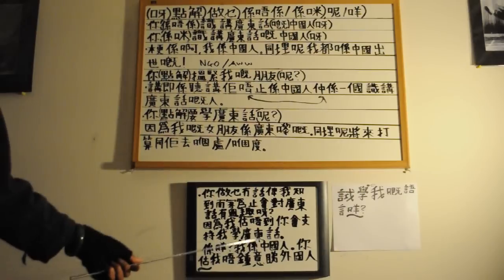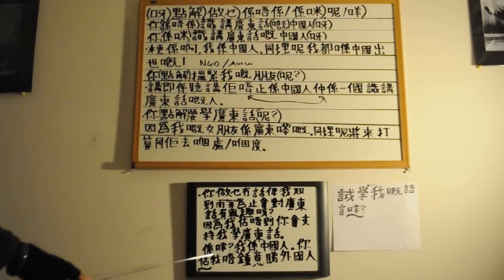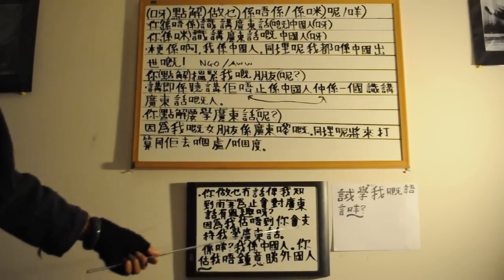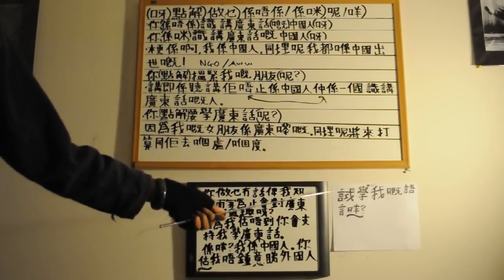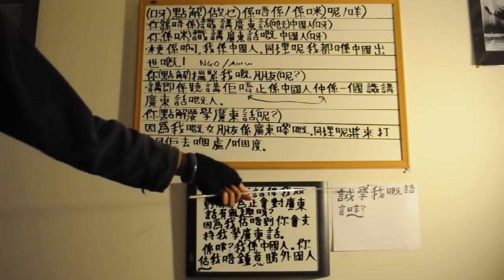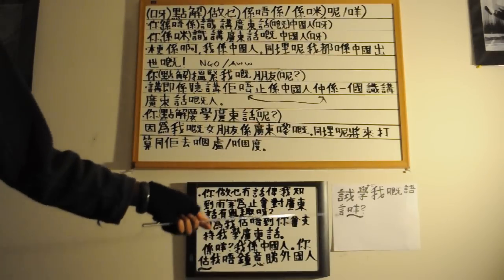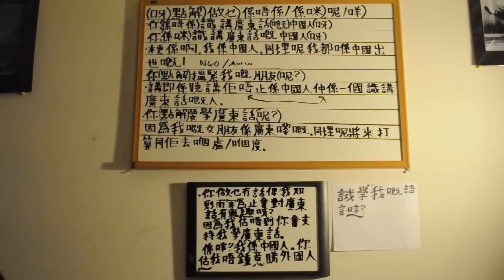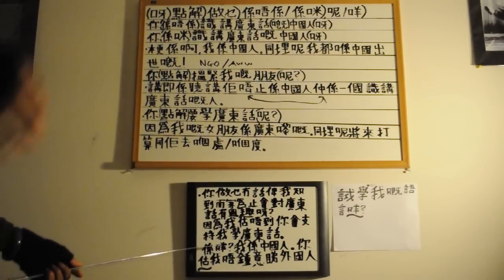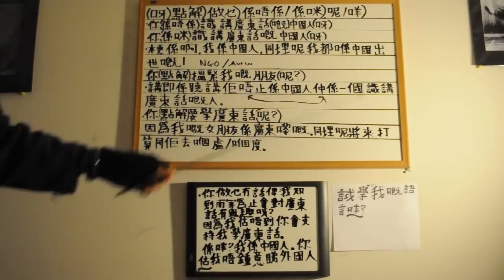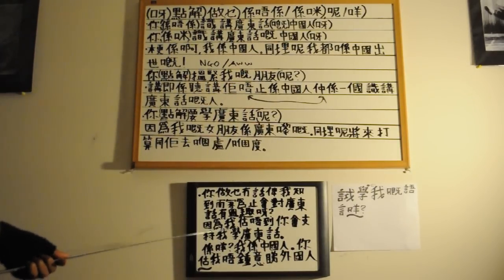Really? I'm Chinese. You don't think that I like seeing foreigners trying to learn my language. So, 係咩, there's that 咩 that we explained before. This here is, really. 係咩, really.